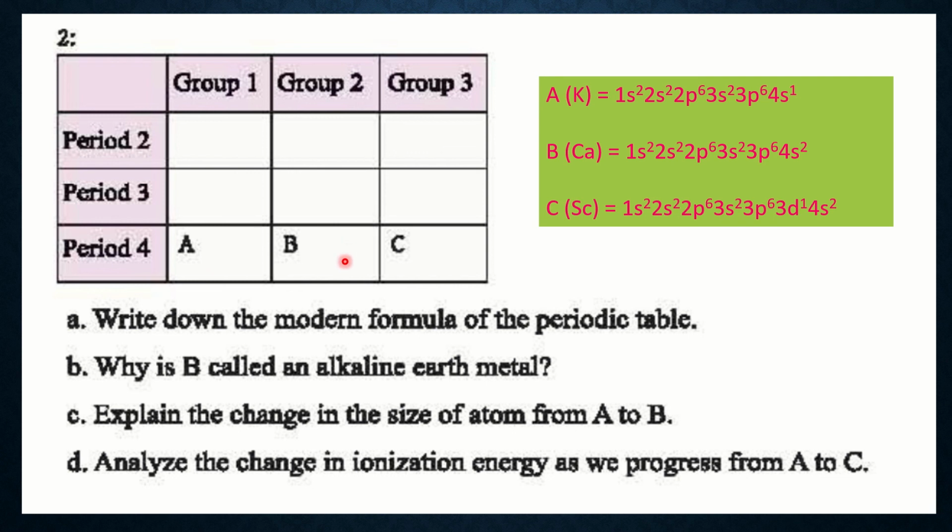As a result, the attraction of the valence electron to the nucleus is more. So to release one electron, more energy is needed for the elements of the right side than the elements of the left side. So the ionization energy of the elements gradually increases from left to right, from A to C. The ionization energy of scandium is the most, then calcium, and A, that means potassium, has the least ionization energy among these 3 elements.